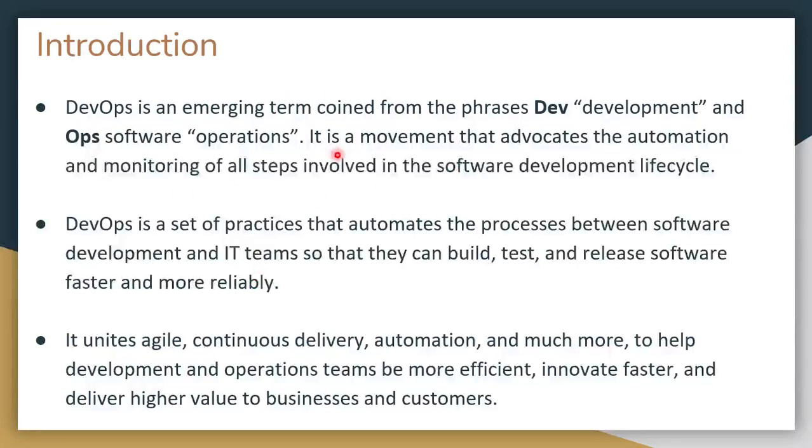So our introduction. The term DevOps is actually a combination of development and operations. Sometimes these groups have conflicting goals. Development teams like to continuously improve, add more features, fix defects.